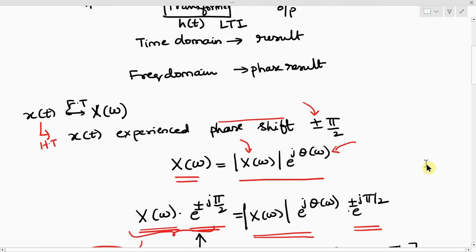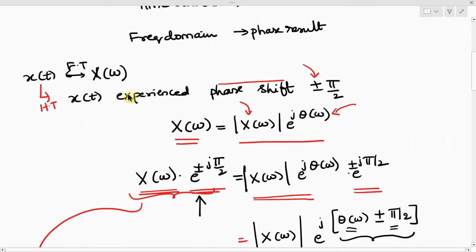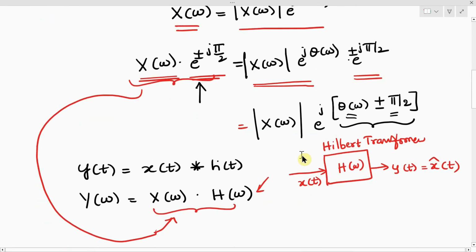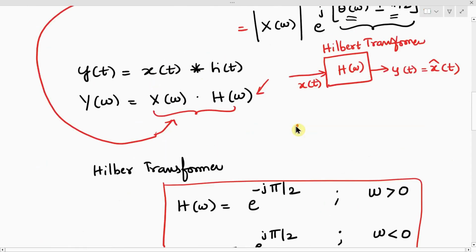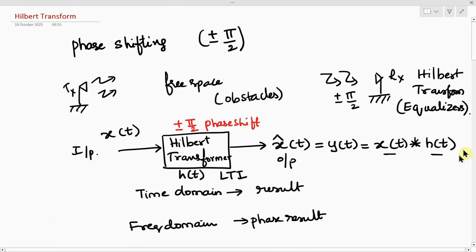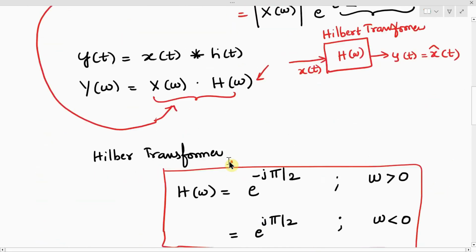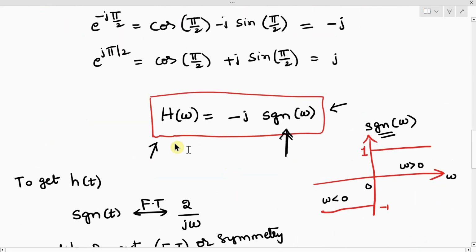To understand that phase shift, I explained all this in the frequency domain and made sure that H of omega takes the definition of e power of plus or minus j pi by 2. Since I need the impulse response of the Hilbert transform, I got a single definition for H of omega.